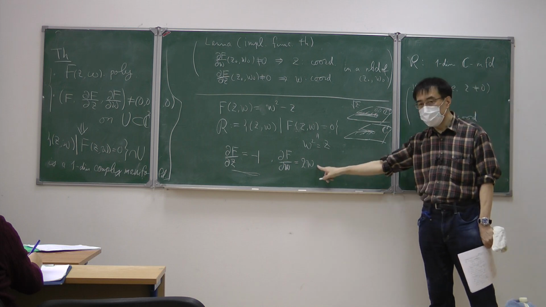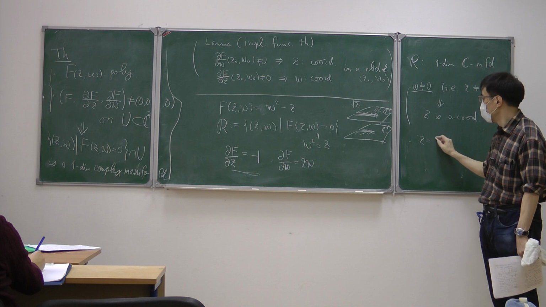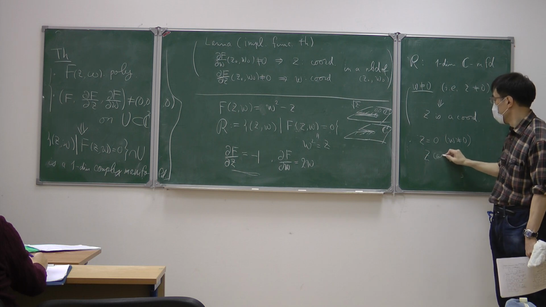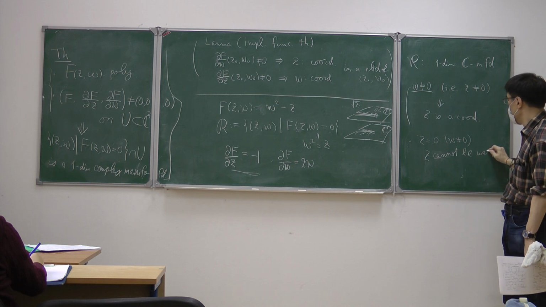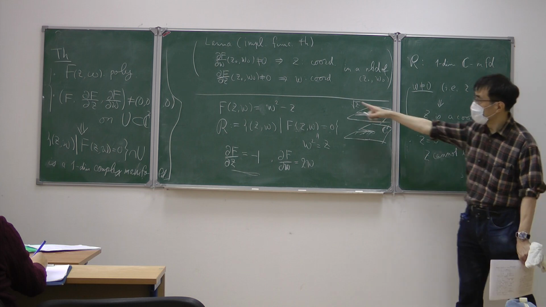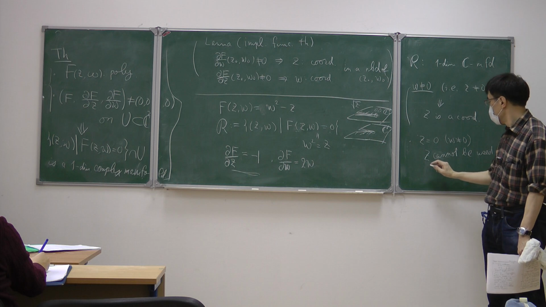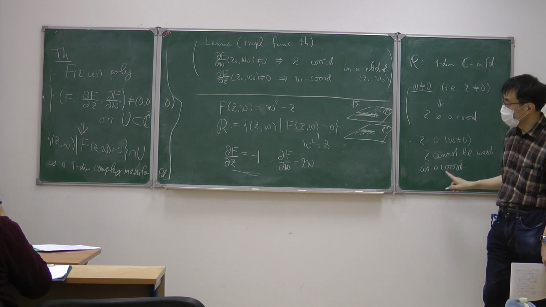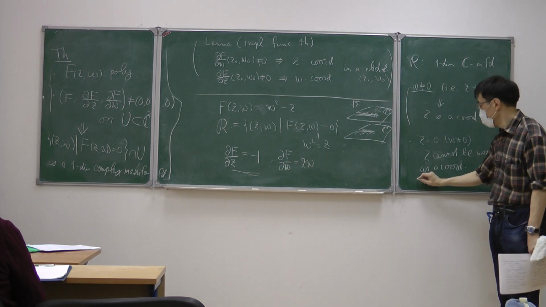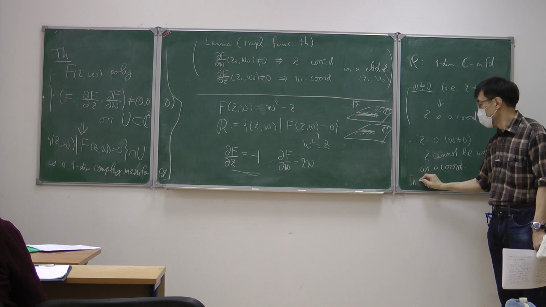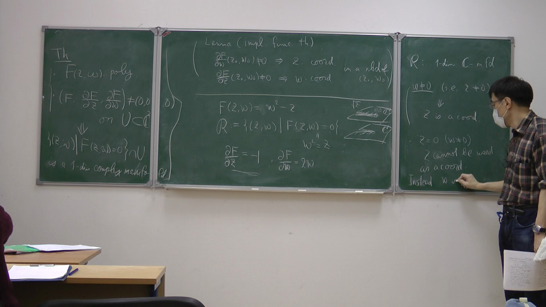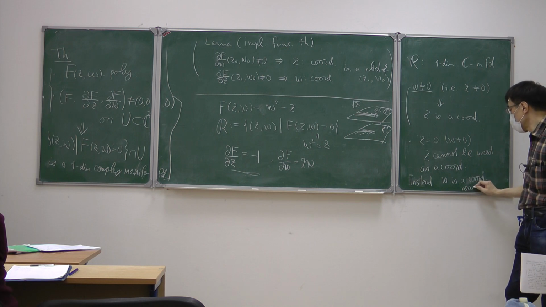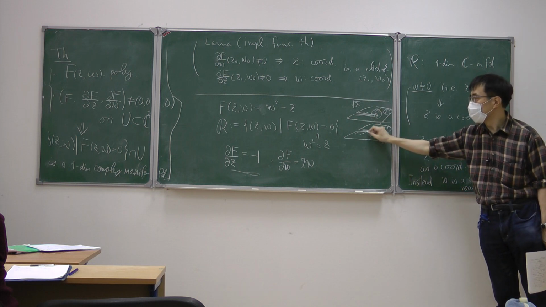But at 0, z cannot be a coordinate. Instead, w can be used as a coordinate in the neighborhood of this point.